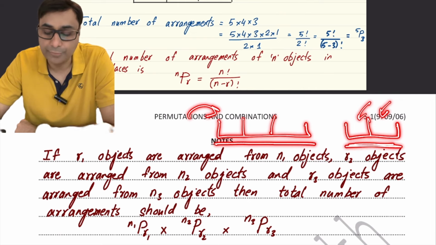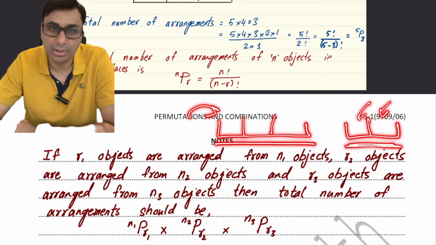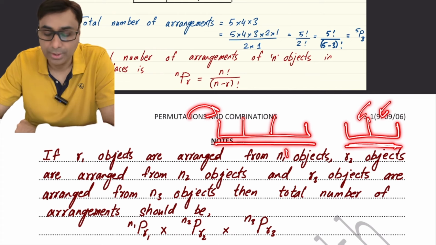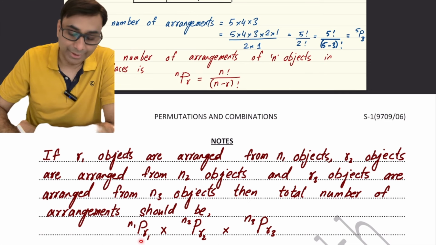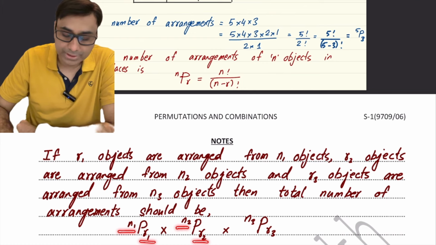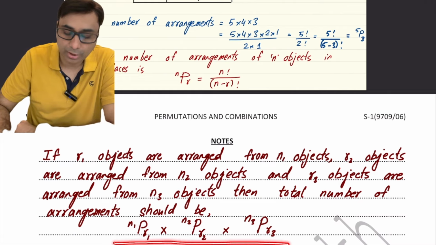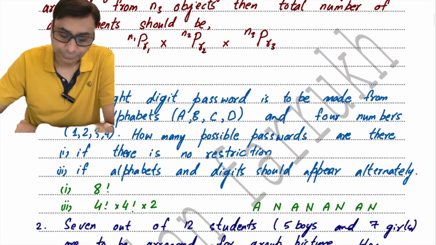I would have another number of ways of arranging these objects here, and that would have another formula. But if I multiply these two, then I will get all possible arrangements. So if you have to arrange r1 objects out of n1, r2 objects out of n2, and r3 objects out of n3, then the total number of arrangements would be the product of all of them.